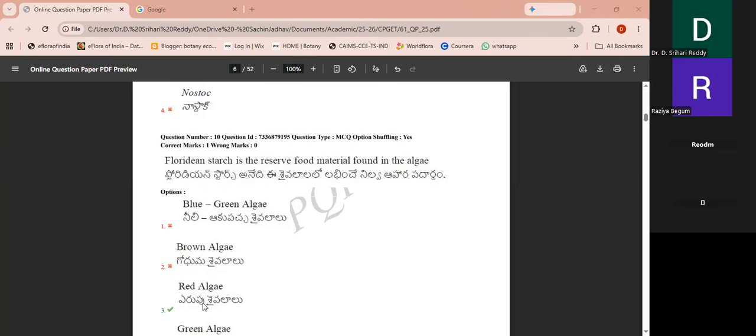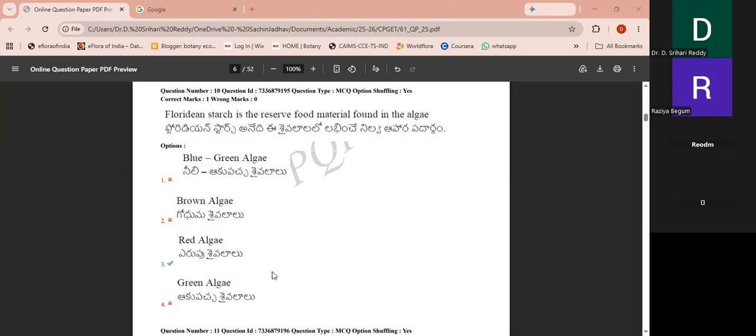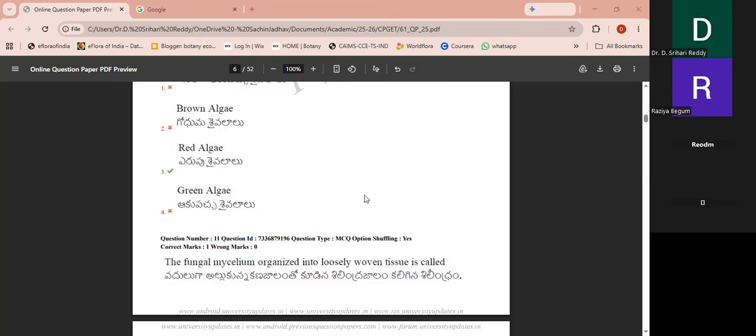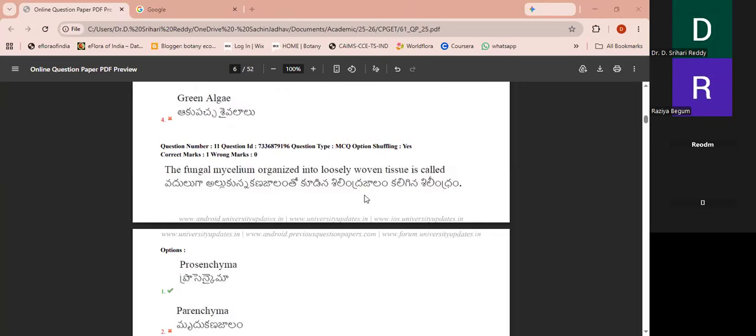That is the right answer. Green algae we discussed already; it is in the form of starch. So you should know all the different kinds of reserve food material.